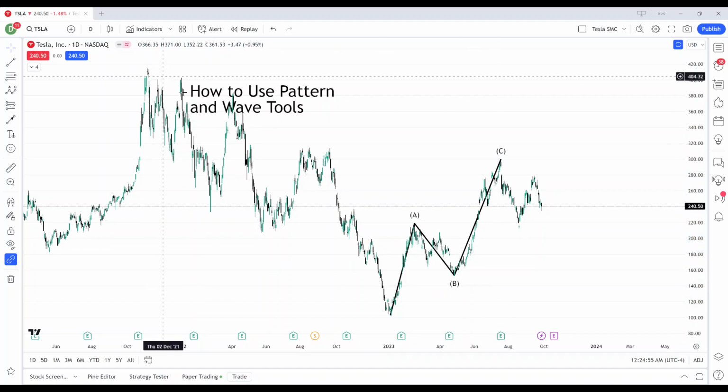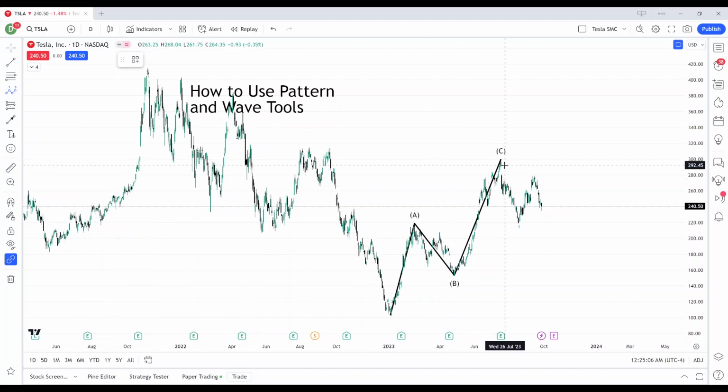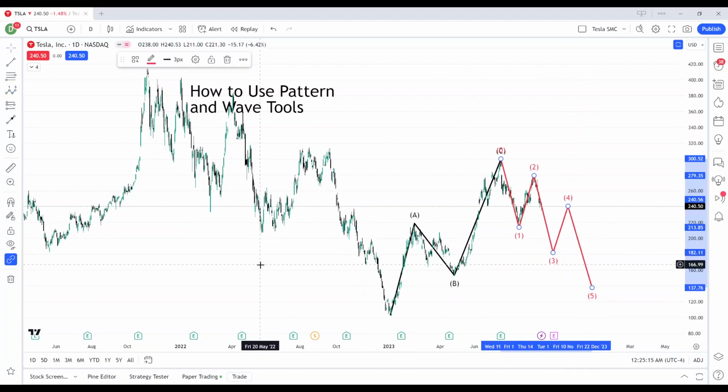So if this was a 5 wave move down, we could be having a corrective pattern up, and if that was the case, we could see a corrective move down. 1, 2, 3, right, 4, 5. So we don't know what's happening yet because that hasn't played out, but that is how to use the corrective tool. It's 3 points.